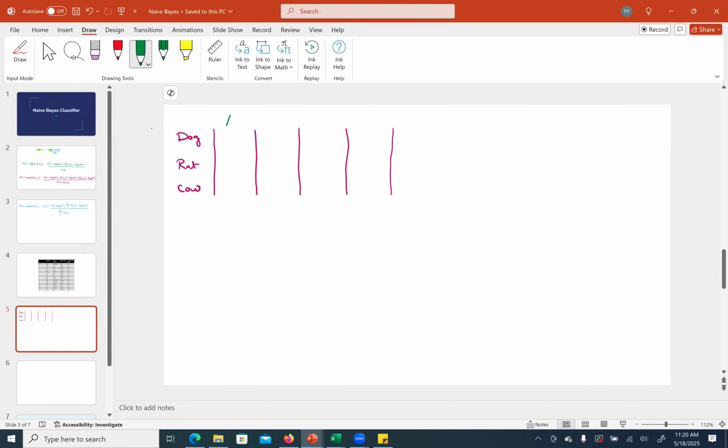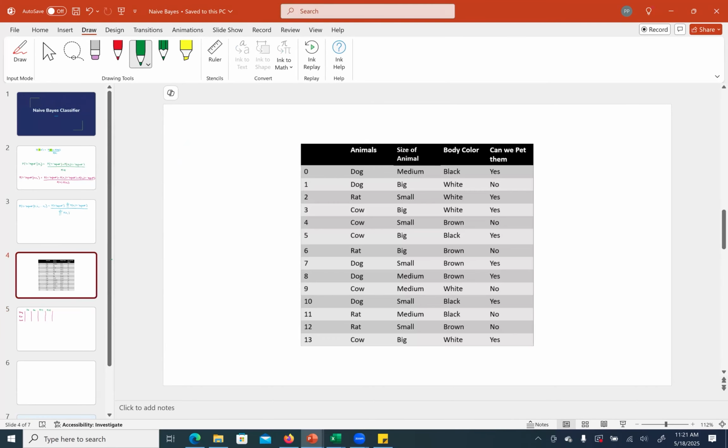We will see how many yes are there, how many dogs you can pet, how many dogs you cannot pet, what is the probability of yes, and what is the probability of no. So for dog, how many yes are there? This is a yes, this is a no, this is a yes, this is a yes, this is a yes. So 4 yes are there, 1 is no.